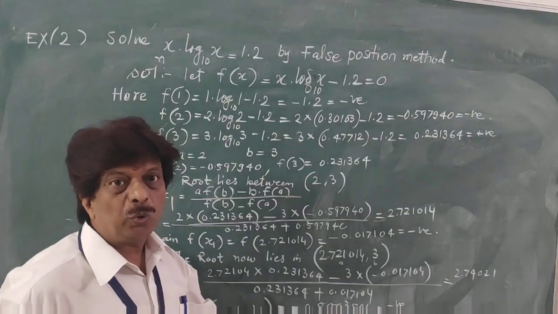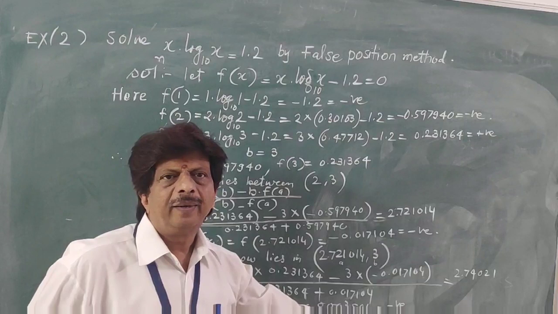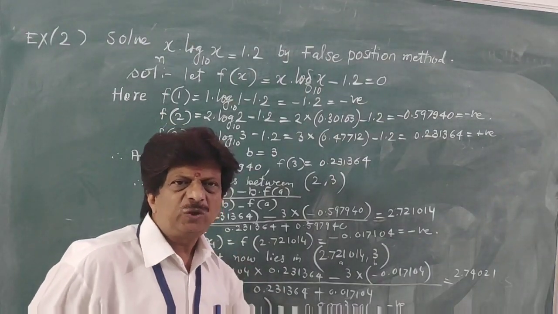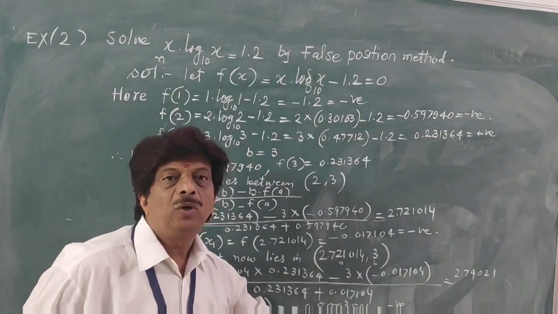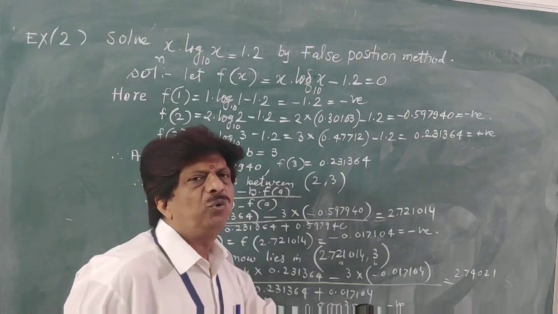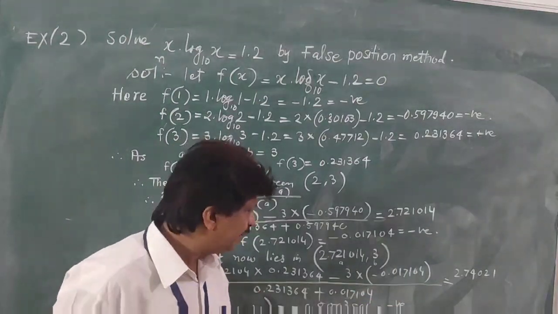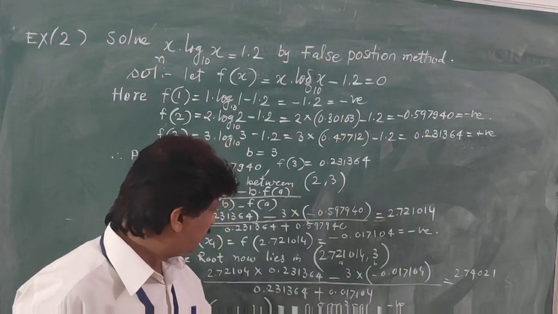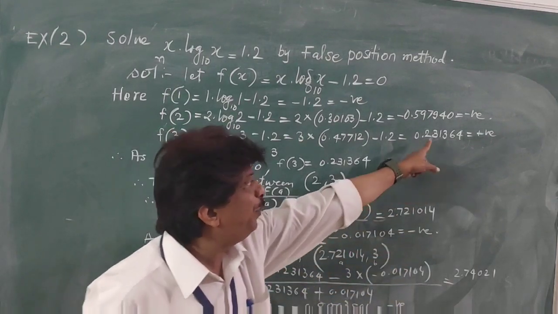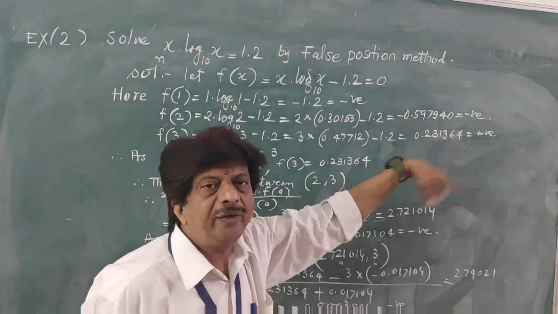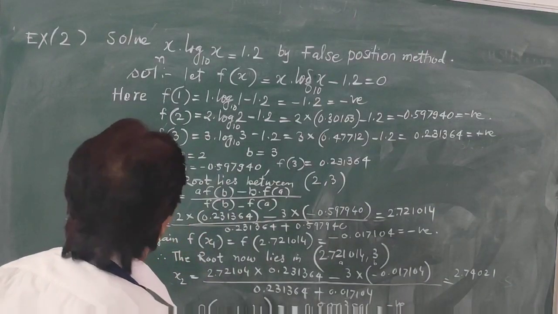Again take A equal to 2.74021 and B equal to 3, and apply A into f of B minus B into f of A, upon f of B minus f of A. If we continue this process, we get x3.